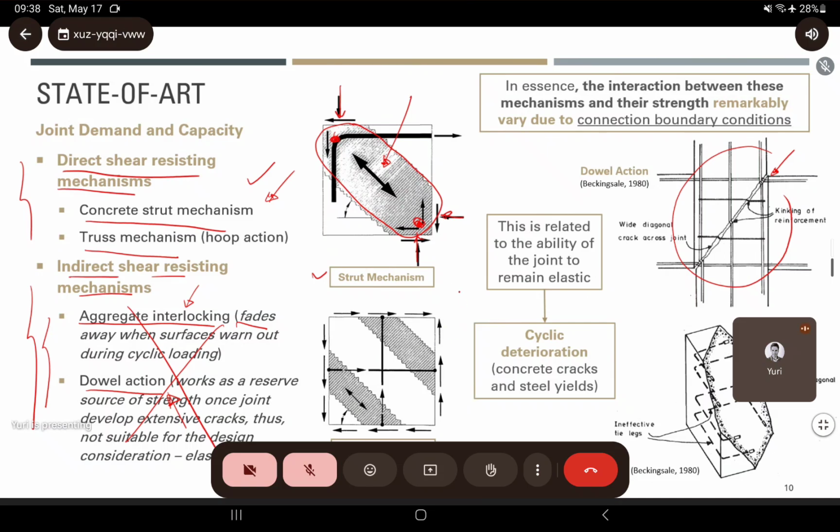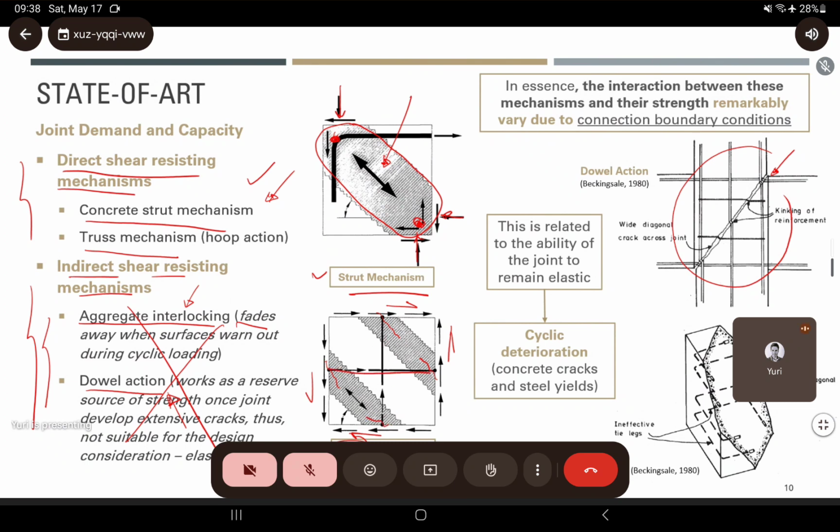It's a topic that we're going to briefly talk about soon. And about the truss mechanism, whenever you have shear acting on the joint, you will have the transformation, the absorption of these stresses and strains into the joint core.